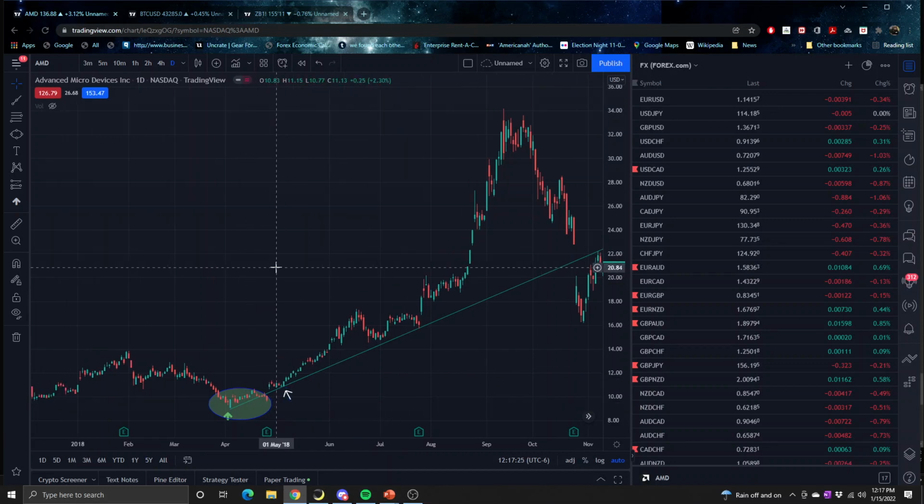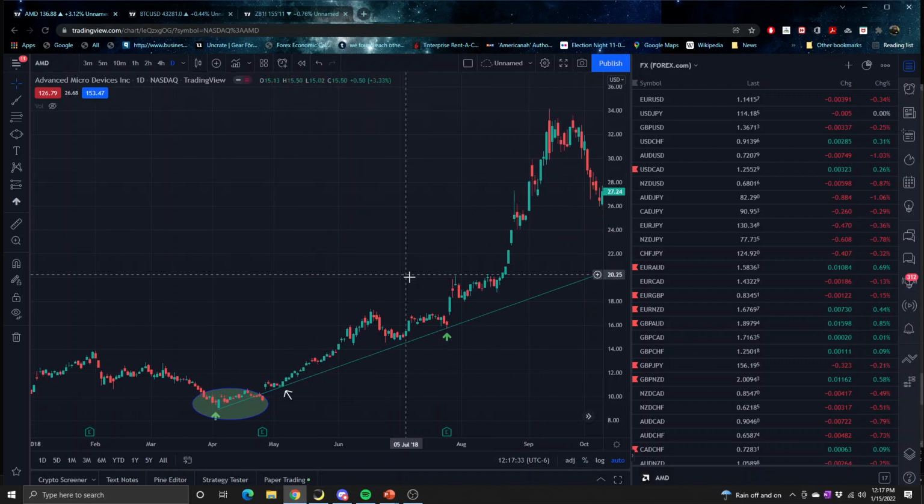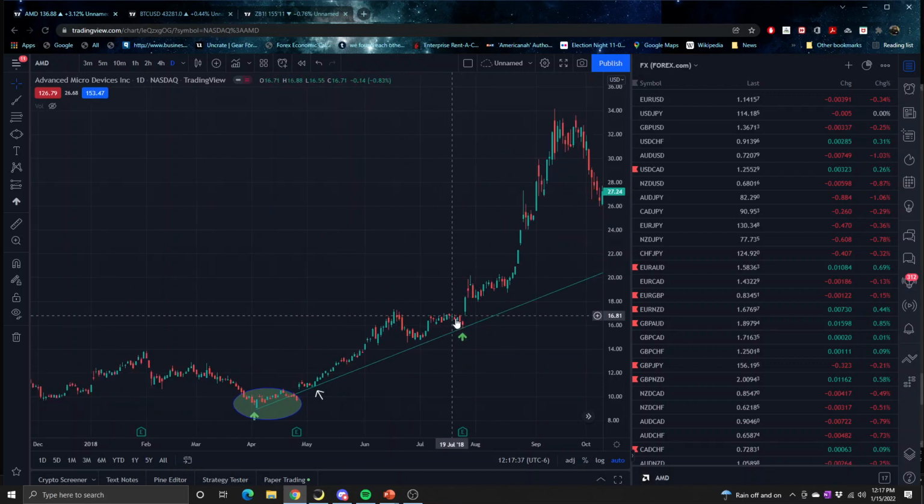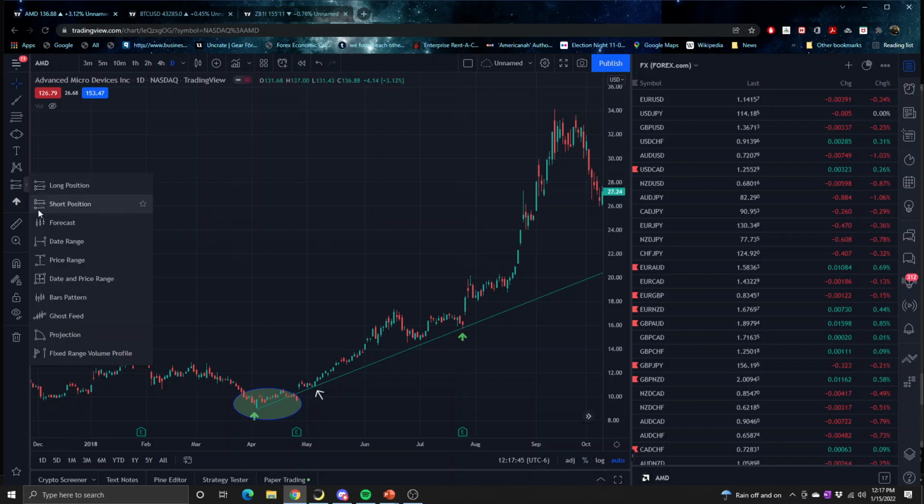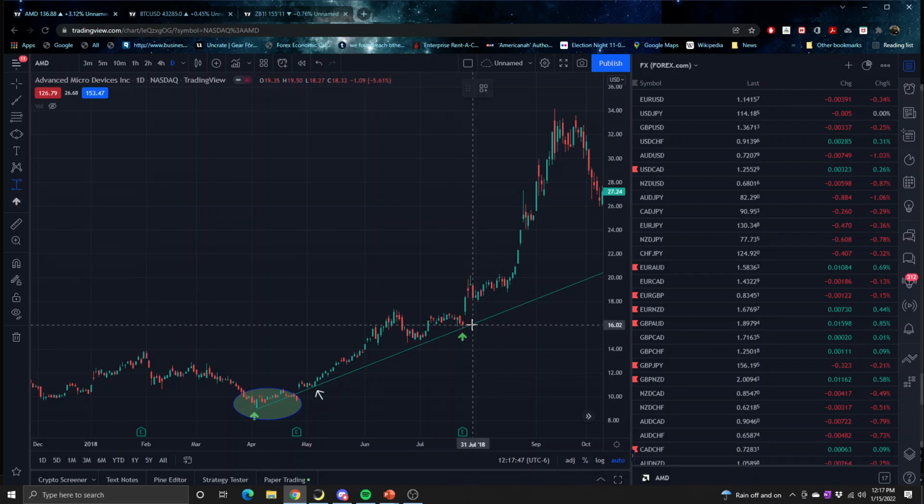And again, we have the glorious benefit of hindsight. You can see that there was another point right here that touches it exactly. And there would, in theory, be a pretty good buying opportunity after this point. You can see that AMD advanced a great deal from this point.